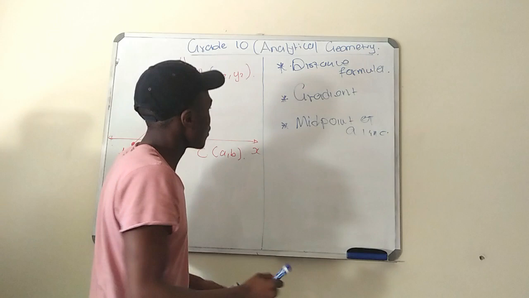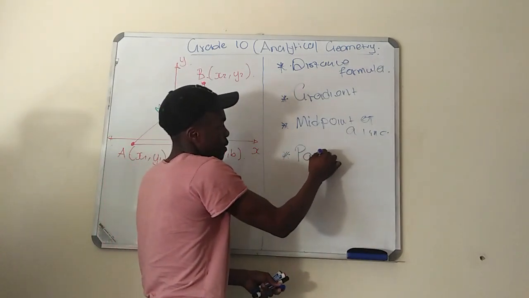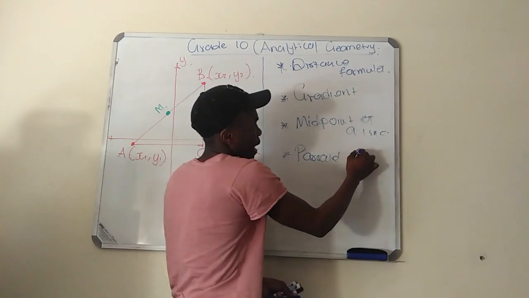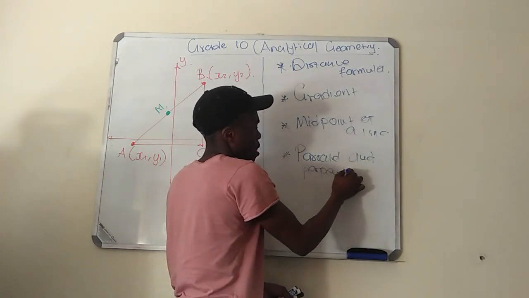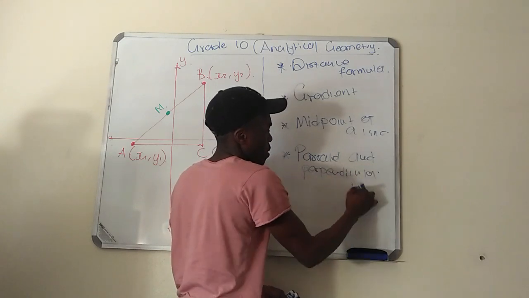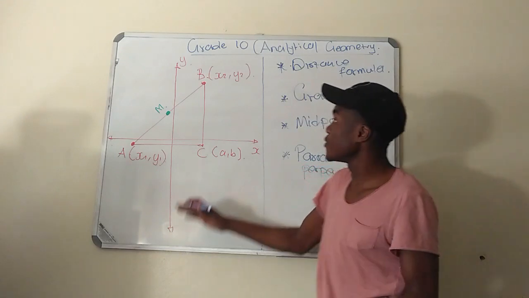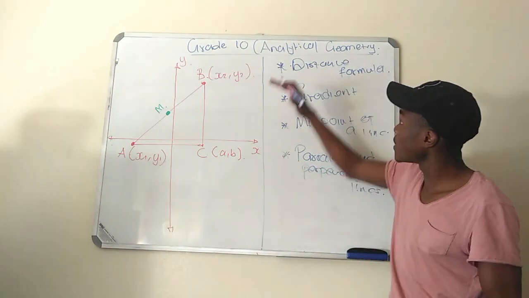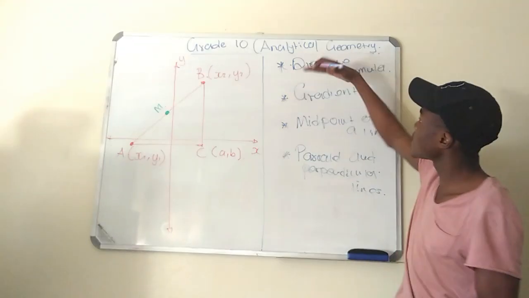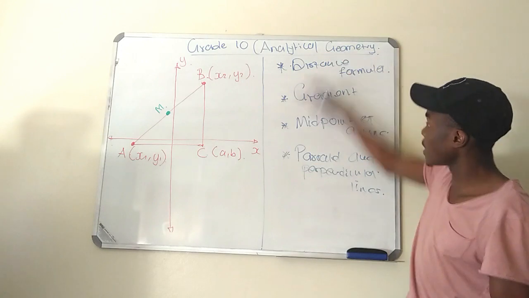And then we have parallel and perpendicular lines. Using this diagram on my right hand side, we get the distance formula and the gradient. I hope you've noted them down.